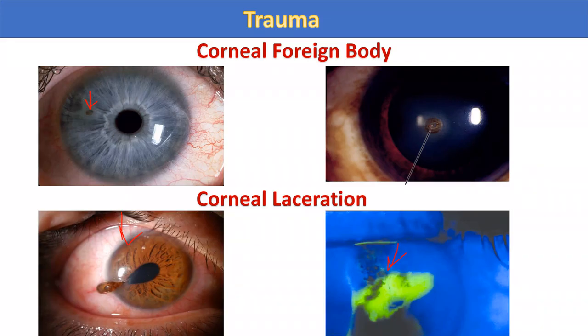And we need to do a CT scan in order to detect the presence of any intraorbital or intraocular foreign body. We can also consider MRI, but MRI is contraindicated if the foreign body is metallic. Okay, so this is just a quick overview of this foreign body.